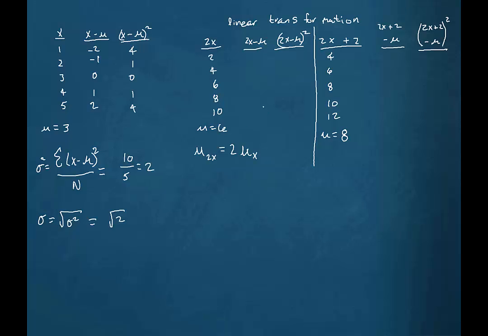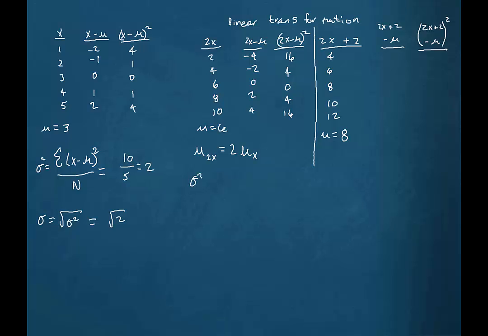Now let's go about the process of finding the variance. So if we subtract 6 everywhere, we're going to have minus 4, minus 2, 0, 2, 4, and then square those, and we're going to have 16, 4, 0, 4, 16. Add these up, and we're going to get 40.